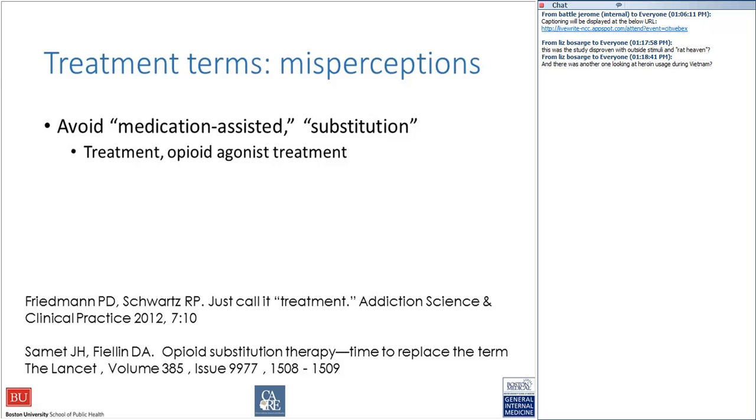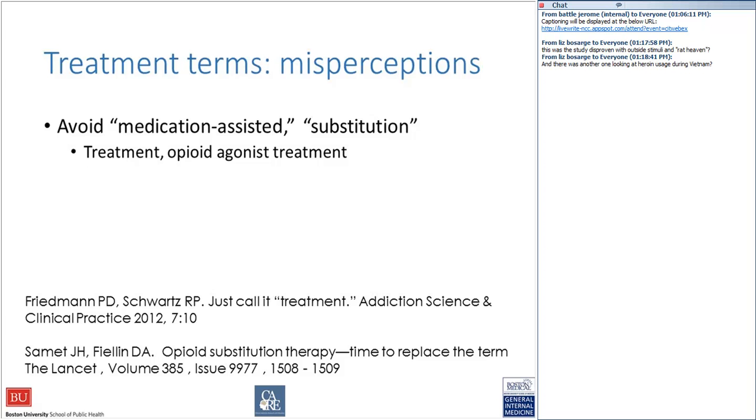Substitution is another mistake. It's not substitution. Opioid agonist treatments like methadone or buprenorphine don't substitute for heroin. They're not very good substitutes for heroin. They don't make people high. They don't cause euphoria.